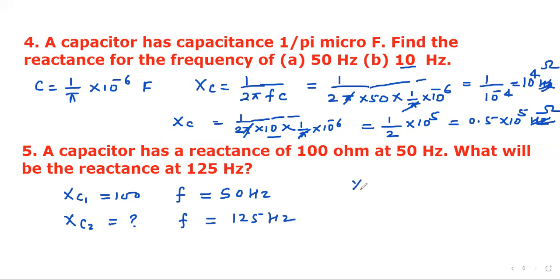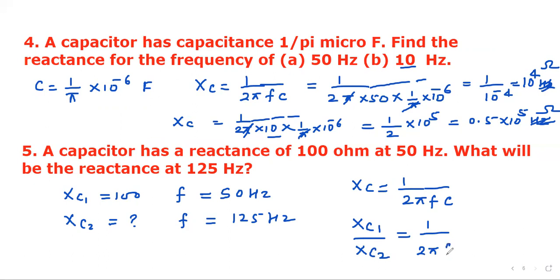So formula of reactance is Xc equal to 1 upon 2 pi Fc. So if we write Xc1 divided by Xc2, so what do we get? 1 upon 2 pi F1 C multiplied by 1 upon 2 pi F2 C.